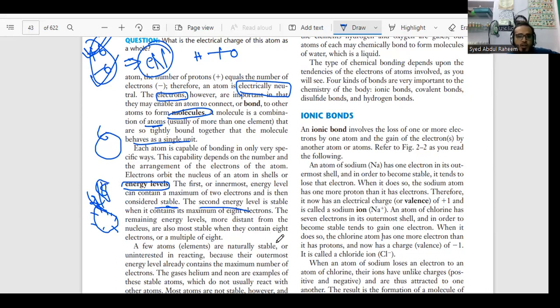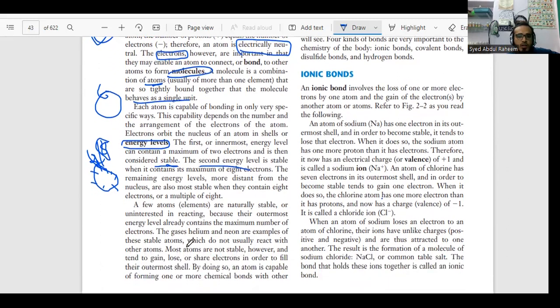If there are 8 or more than 8, they are the most stable. If there are 2, the maximum 2 electrons energy level is considered stable. If there are 8 electrons in an element, we consider the second energy level stable. If more than 8, we have the most stable energy levels.